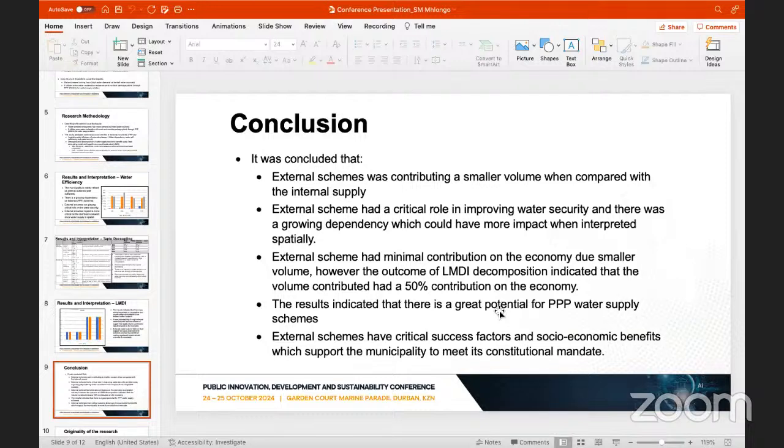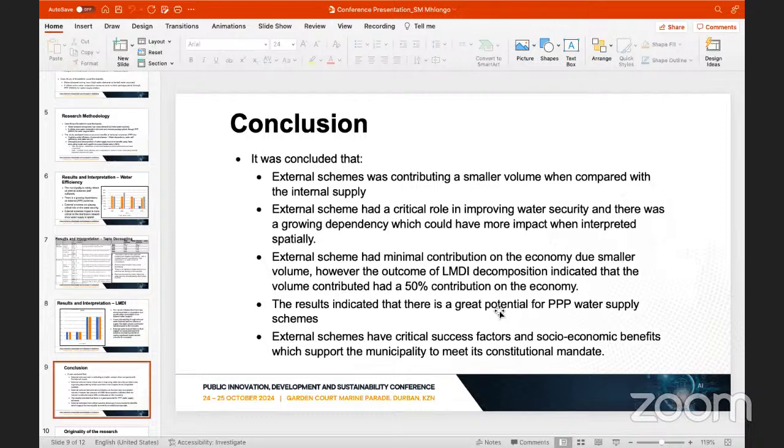So meaning whatever volume was introduced into the system, 50% of that was going towards economic growth, and the balance was going to the community. So as much as the volume is still small, the external schemes are having a positive contribution towards economic growth, and also having a vital impact on the community as well.